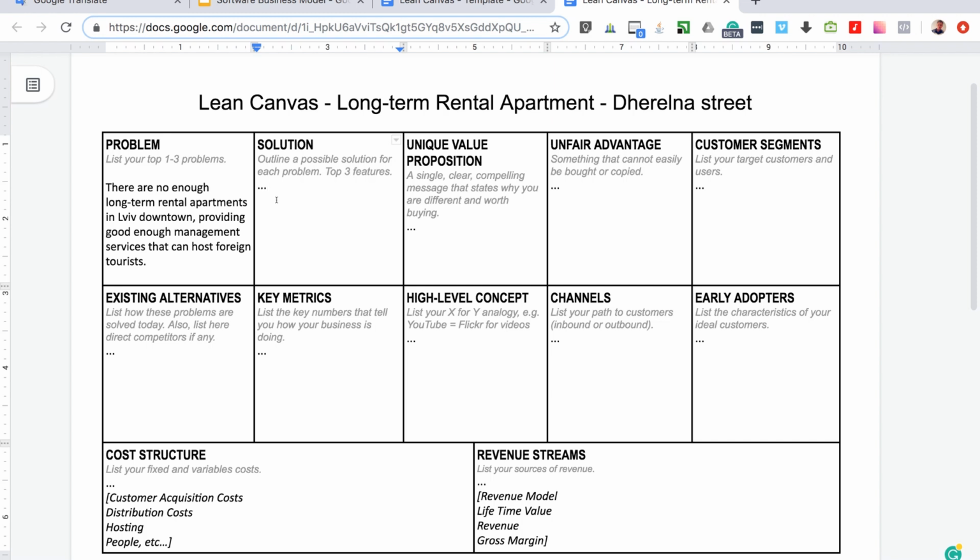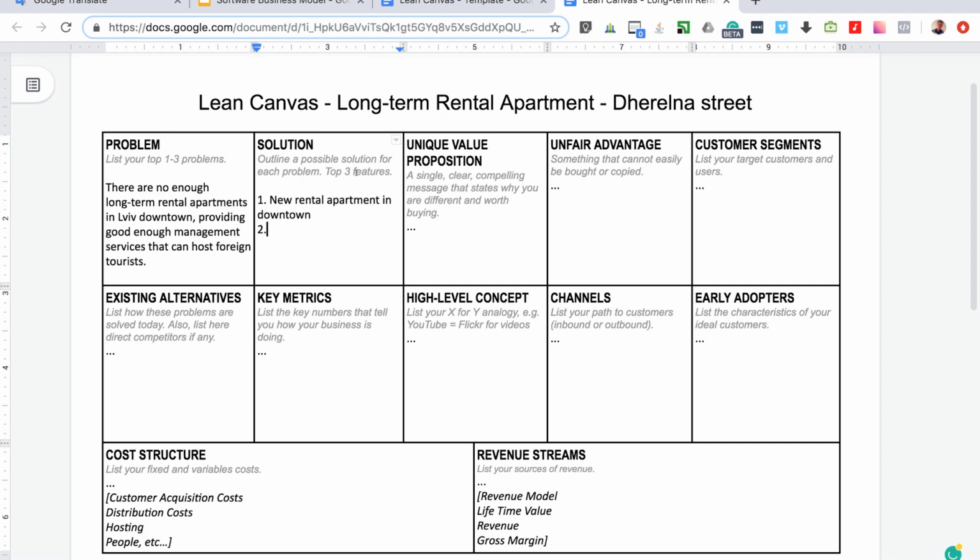A possible solution to this problem could be a new rental apartment in downtown with an English-speaking manager and probably with 24/7 tenant support. It's pretty obvious, right? The solution part here. So the first solution is we need a new rental apartment in downtown.